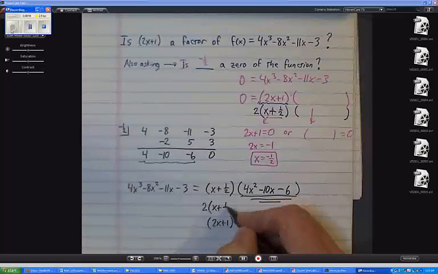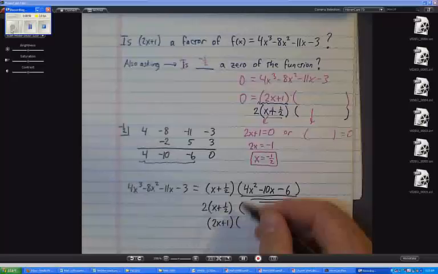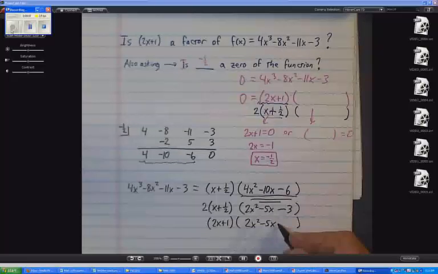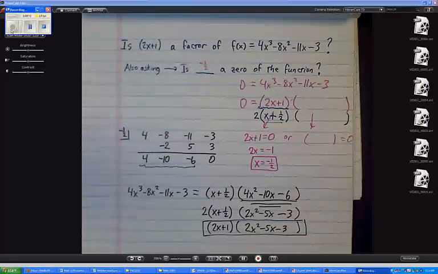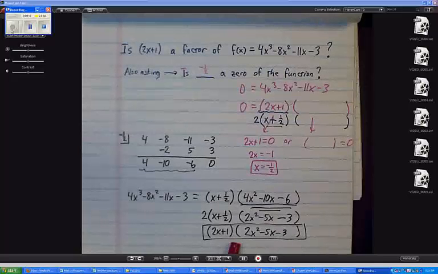And then when I take the 2 out, I have 2x squared minus 5x minus 3. So I guess if I wanted to factor it, one way to do it is like this. Another way to do it is with a fraction, but we don't like the fractions, and so this shows that 2x plus 1 is indeed a factor. Barbara, go ahead.